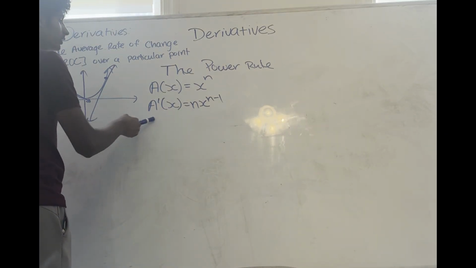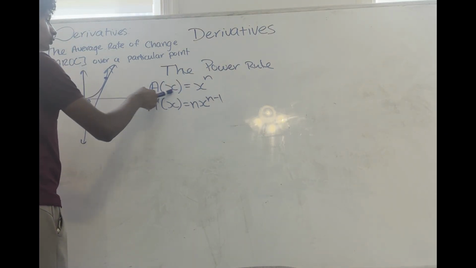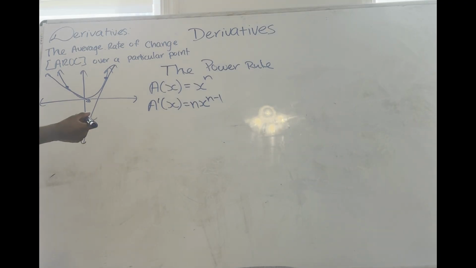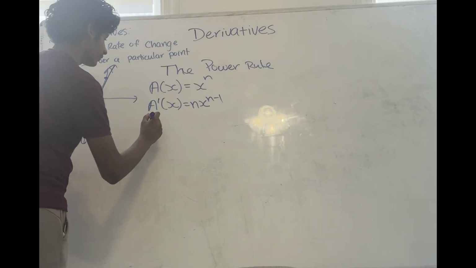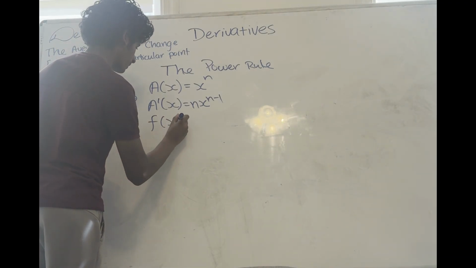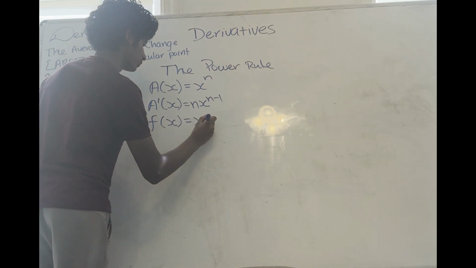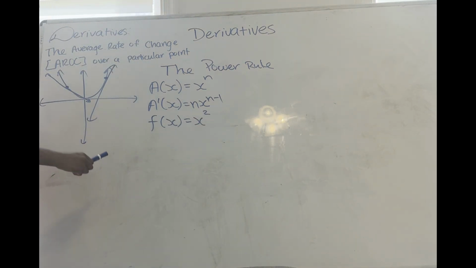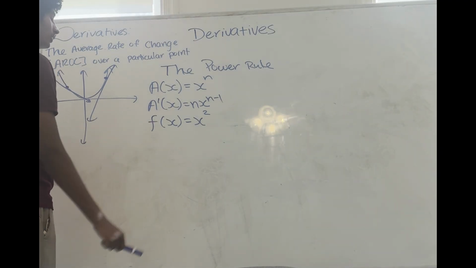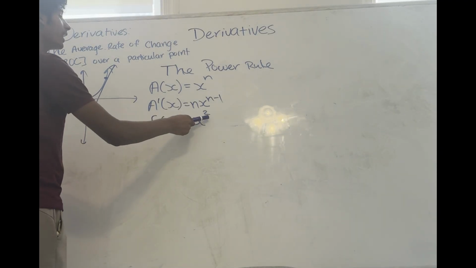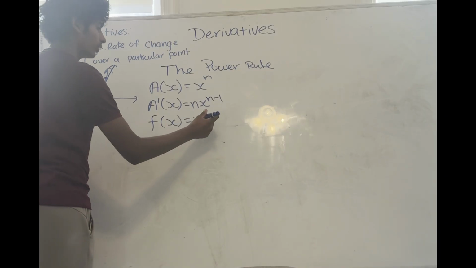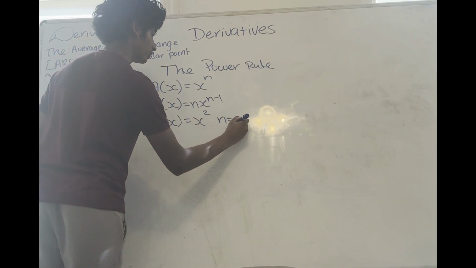Now this over here is the derivative of this equation right over here. All right, so let's do an example. Let's say we have f of x is equal to x squared. All right, so we want to take the derivative of this equation. Now first we have to find n. N over here is equal to 2, so n is equal to 2.